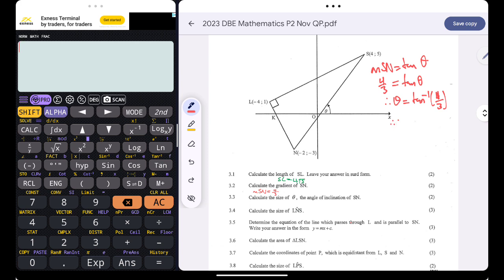So theta will be equal to shift tan 4 over 3. I'll get 53.13 degrees. So I now know that theta is equal to 53.13 degrees.